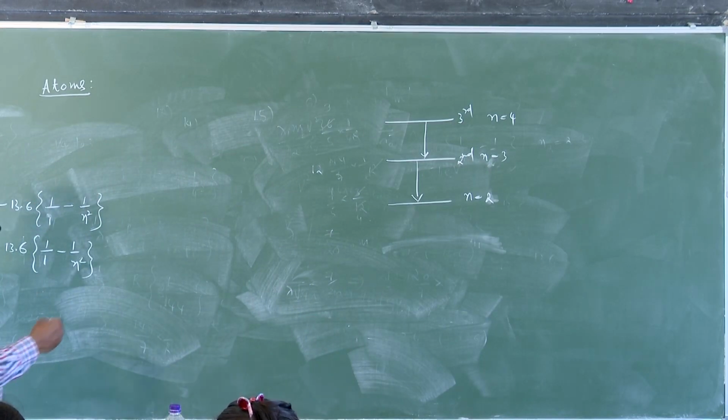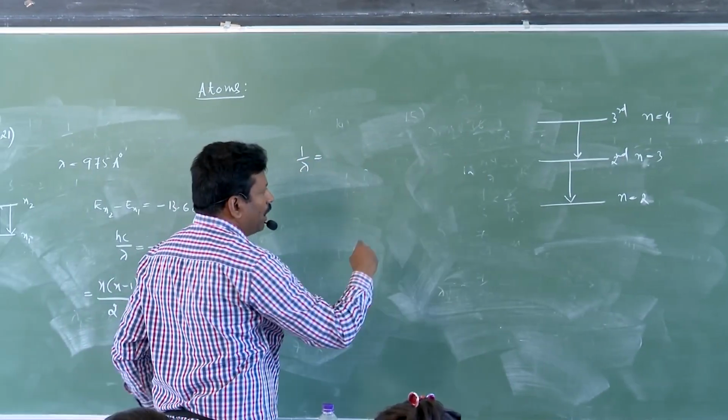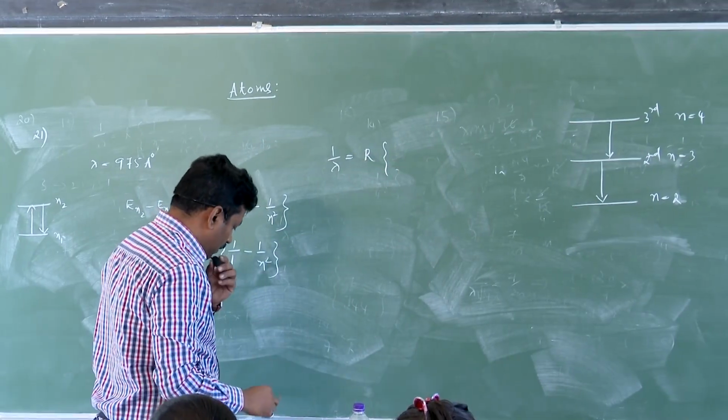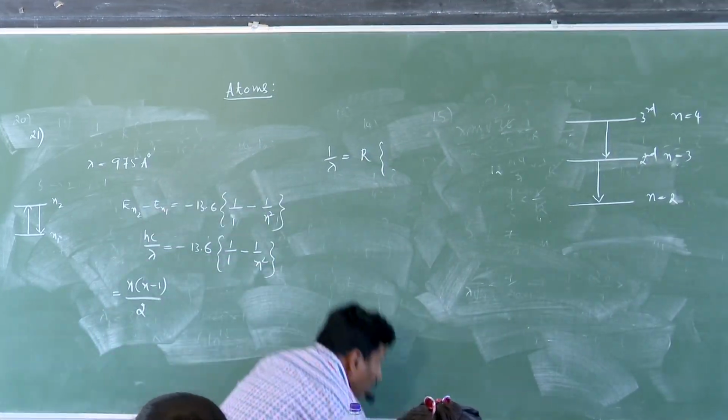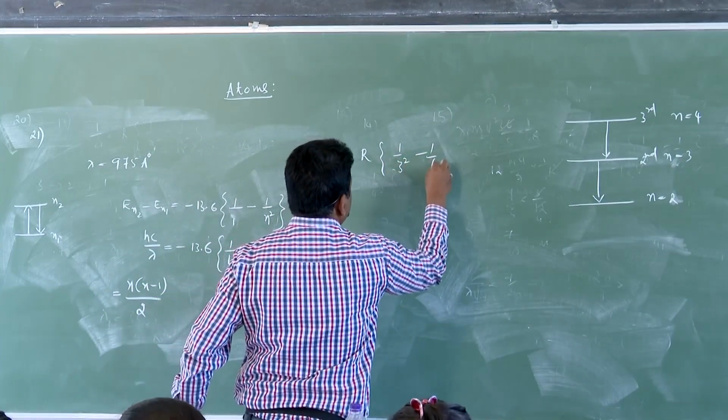So the ratio of wavelengths is 1 by lambda. First we'll find out this. So R into 1 by 3 square minus 1 by 4 square.